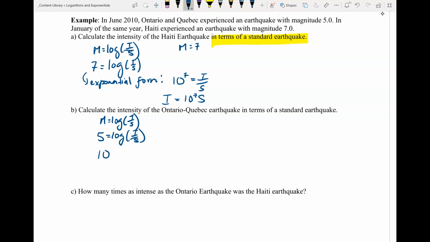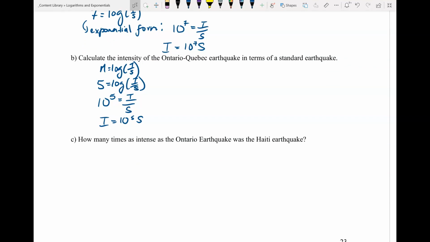So our base is 10. The power is 5. Our answer is I over S. I'm trying to find the intensity, so I'm going to multiply both sides by S. So this means the intensity of our Quebec Ontario earthquake is 10 to the power of 5 times the standard earthquake.